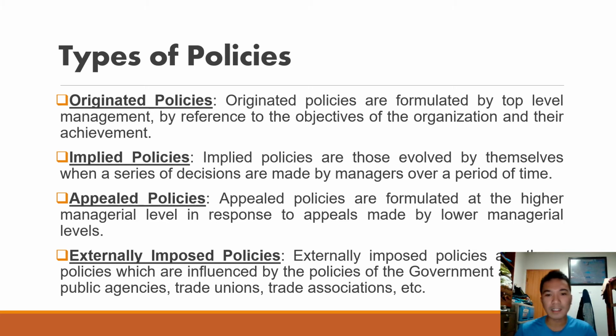These implied policies are those evolved by themselves when a series of decisions are made by the managers over a period of time. So they come up with this policy from the different decisions that the leader or the manager was able to make. They are able to come up with a decision because of the previous decisions that they have made. The next, appealed policies.